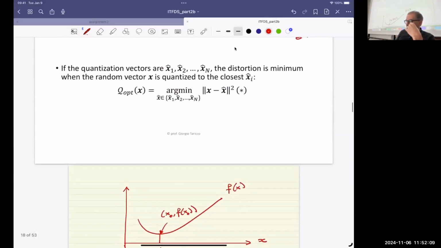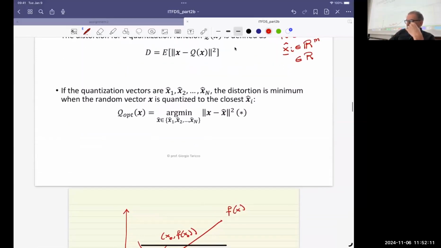And therefore, in this previous application, the argument of the minimum is the value x hat in the discrete finite set x hat 1, x hat 2, up to x hat n, that minimizes this thing. So given x, we are looking for the x hat that minimizes this thing.